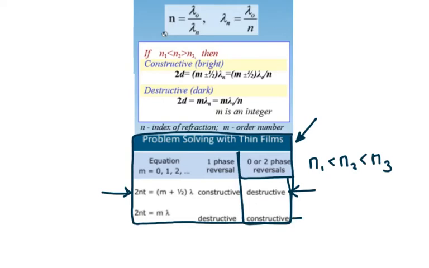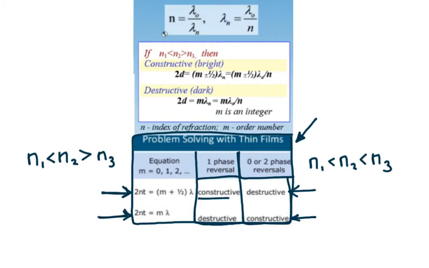And then if you have constructive interference, you would use this formula. But if you had the case where N1 is less than N2, but N2 is greater than N3, then you would have only one phase shift. Then your formulas shift. Then the top one becomes constructive, and the bottom one becomes destructive.